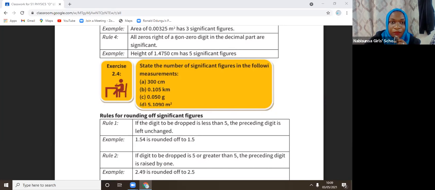I'm waiting for questions. Anyone has a question? Excuse me, teacher. Your name? Amal. Amal, yes. Teacher, can you say that the definition of significant figures is a digit used to express a physical quantity?